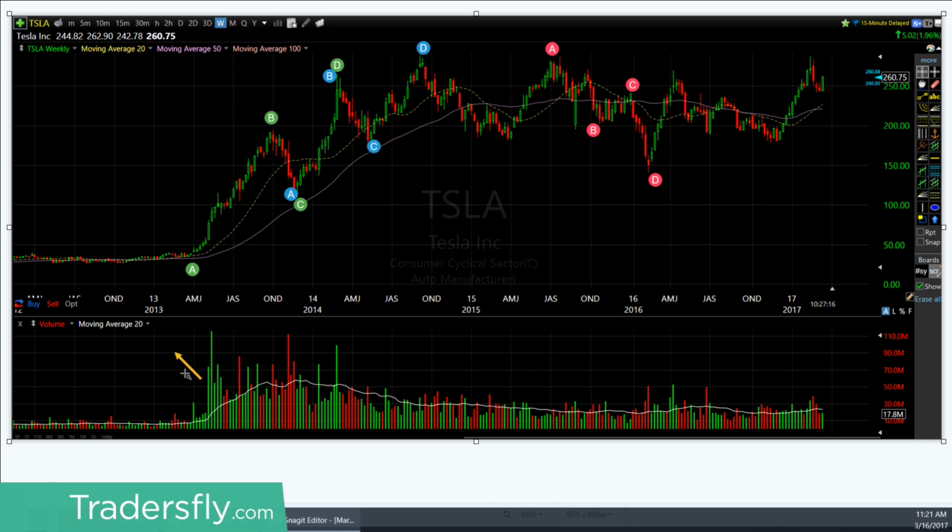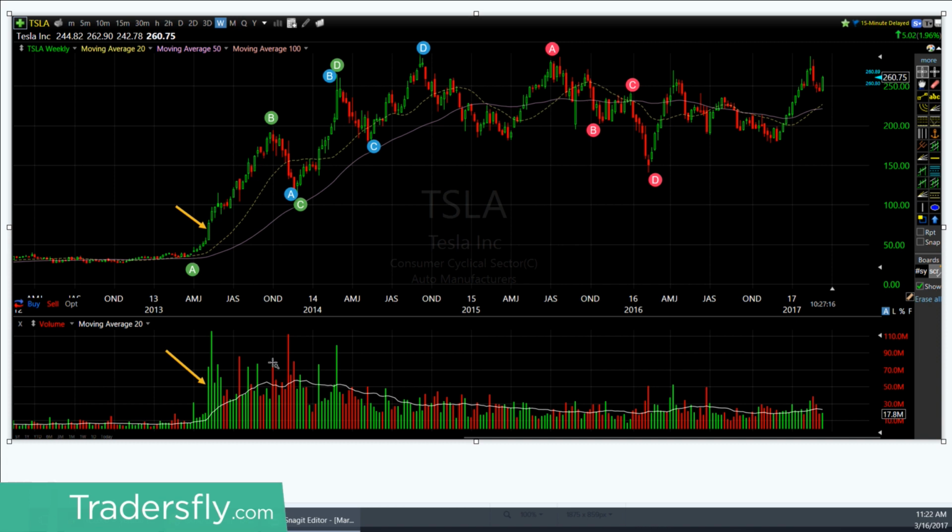How is that volume coming into the stock? Normally, from the A to B leg, you have massive volume coming in, or good volume. When you have volume, you have gas in the gas tank. And in this case, you can see that we have volume coming in, and we have the wide price spread that follows through. And that's why you continue to get the follow through on that movement.